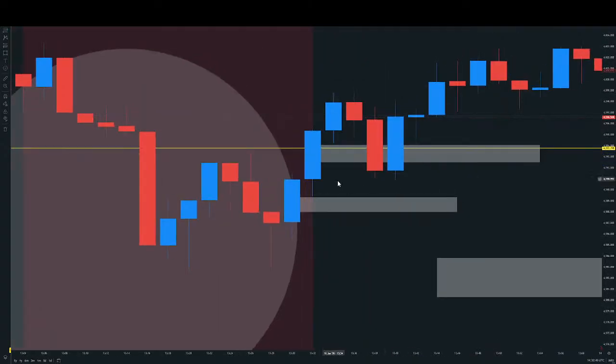The moment the market rallies in to close this fair value gap, that is where your TP comes in. You can take your TP here and place your stop loss, let's say, probably below this point. Yeah, this is the last ending point. You can keep your stop loss here.